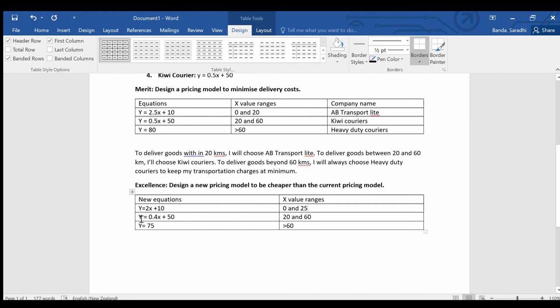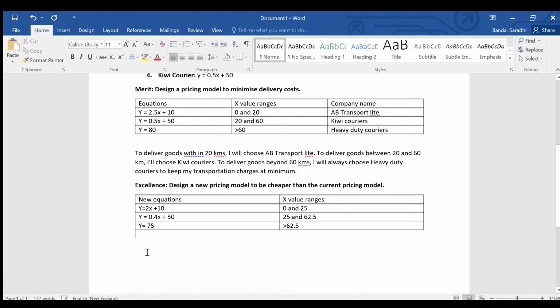Similarly, this equation is working out to be cheap between 25 and 62.5 kilometers. And this one's going to be true for any range above 62.5 kilometers. And this is going to be our new suggestion for a pricing model. Now what we need to do is go ahead and put this in terms of context.